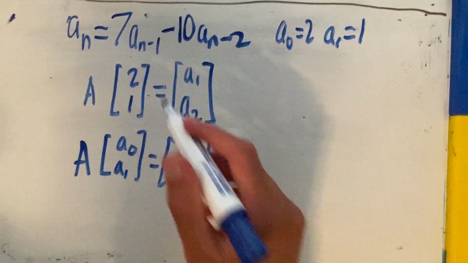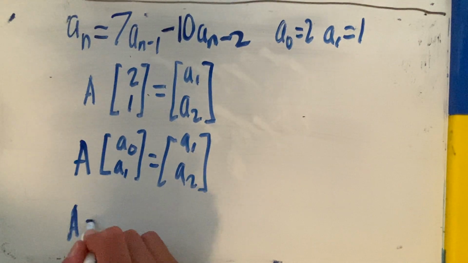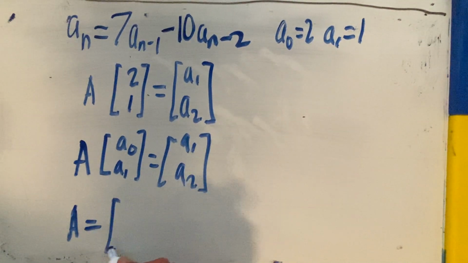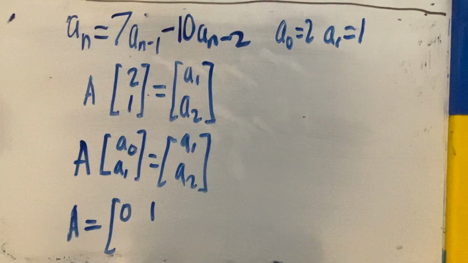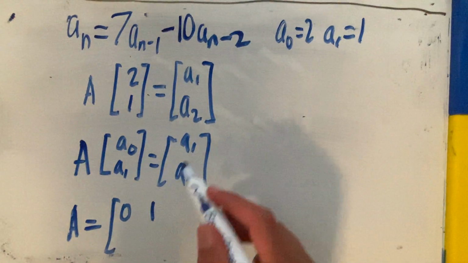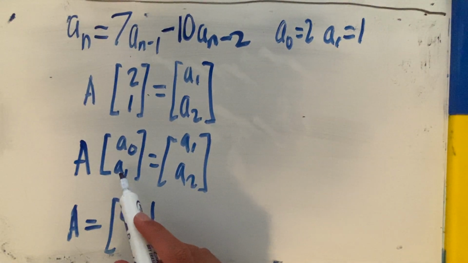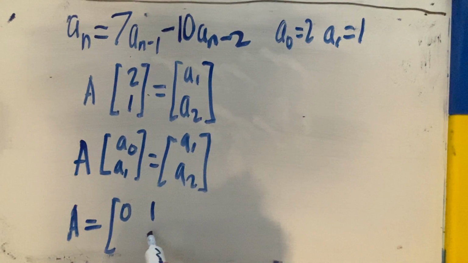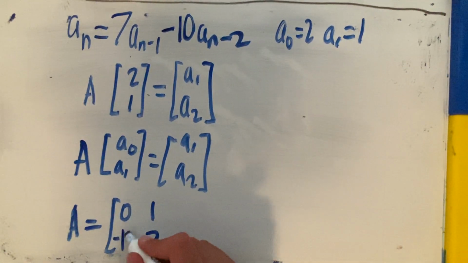And given this recurrence relation, first we want A to take a sub 1 and put it over there. So it's going to be 0, 1, and you can test that out and see why that gives us a sub 1 in the top row. And then we want 7 times the preceding value, so that goes over here, minus 10 times 2 values earlier, so minus 10 goes here.